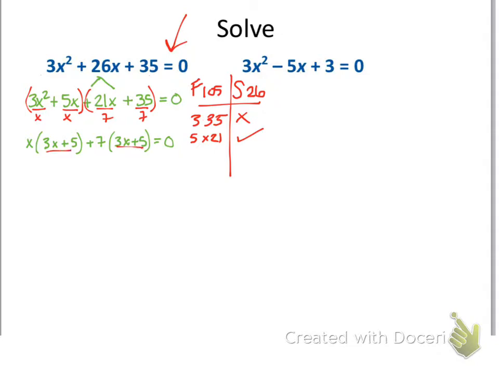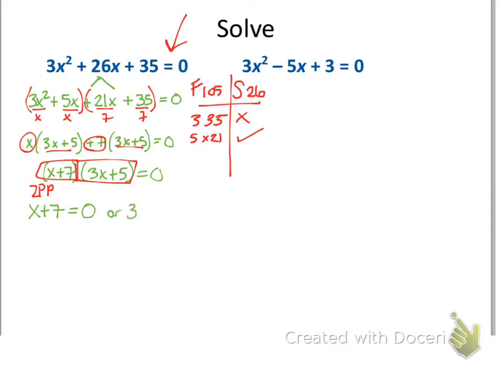These two things are the exact same thing, so we can smash together the outside. (x plus 7)(3x plus 5) equals 0. And now we can apply the zero product property because I have something times something equals 0. So either x plus 7 equals 0 or 3x plus 5 equals 0.